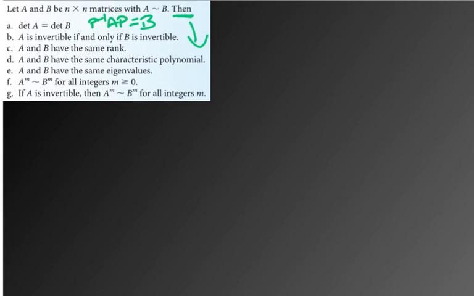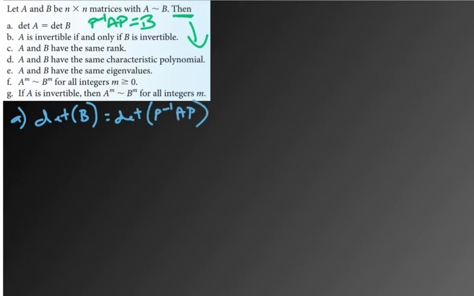And so let's just jump into this. For A, the determinant of B, I'm going to take the determinant of both sides, equals the determinant of P inverse AP.